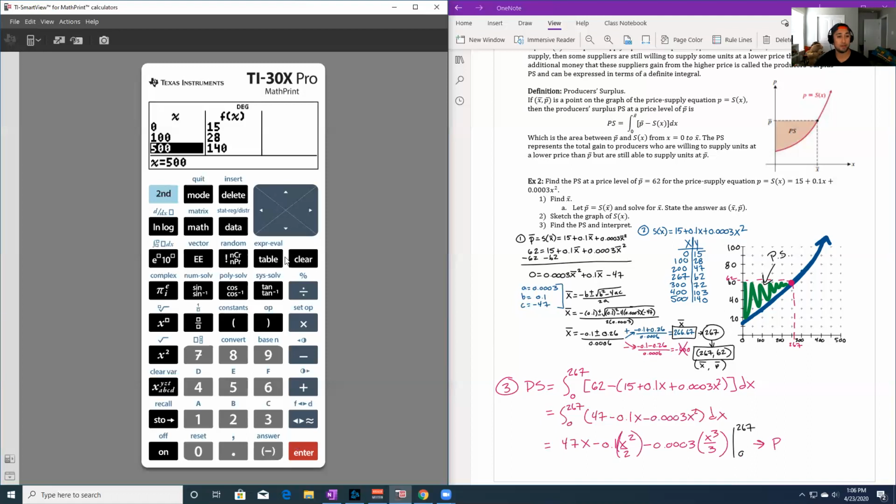All right, so if I do table clear, what do I have? 47x minus, this becomes 0. Actually, yeah, 0.1 over 2x squared minus 0.0003 over 3x cubed.